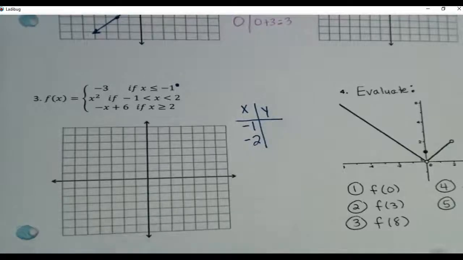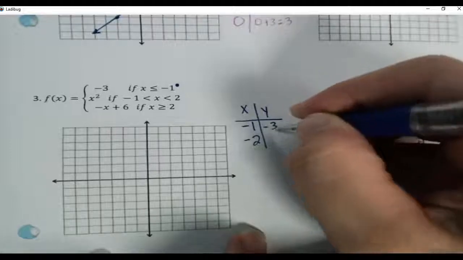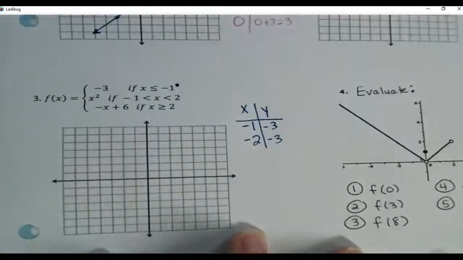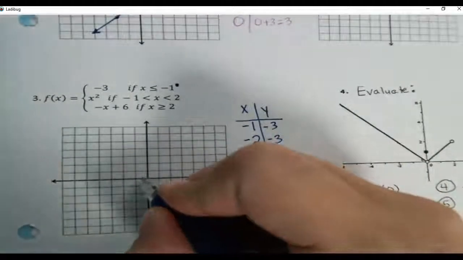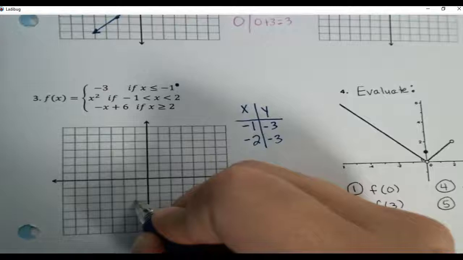But again, we don't have an x, it's just that constant, so no matter what, our y's are -3. So open or close circle at -1, -3? Good, close. So -1, 1, 2, -3.